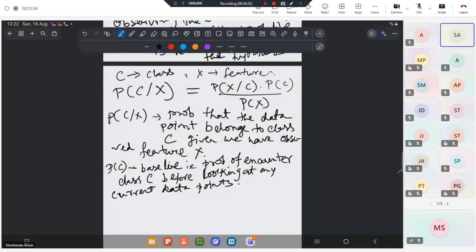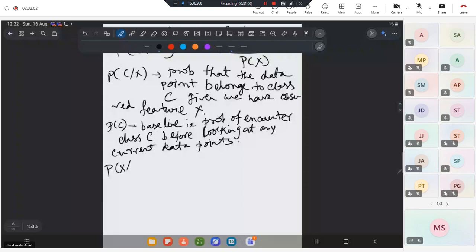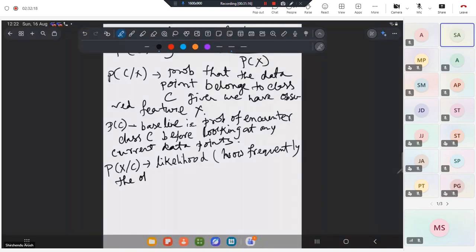Previous knowledge, basically. P of X given C is the likelihood. That means how frequently the observed features X appear within the training examples.